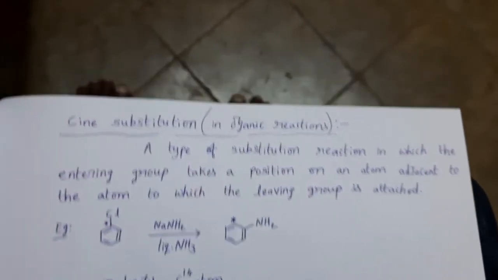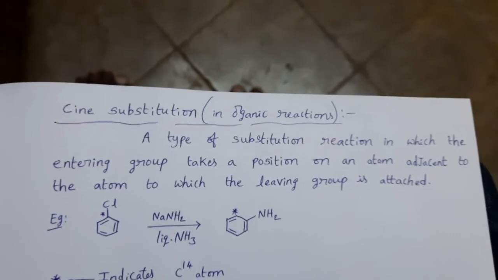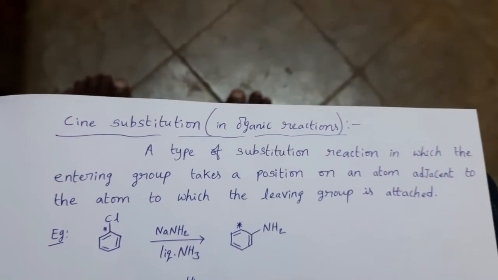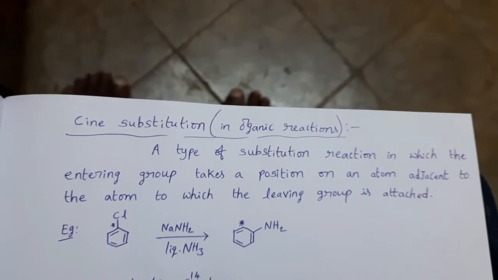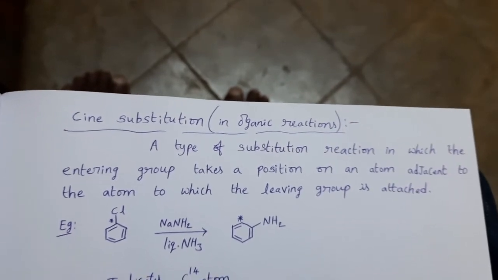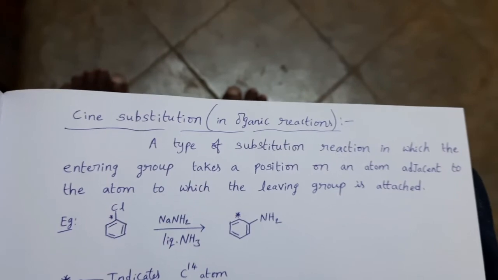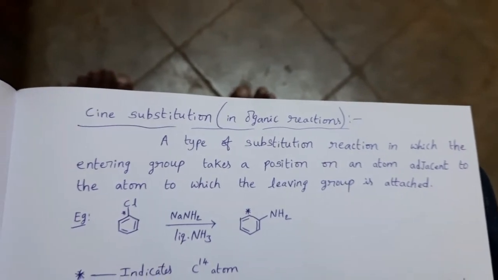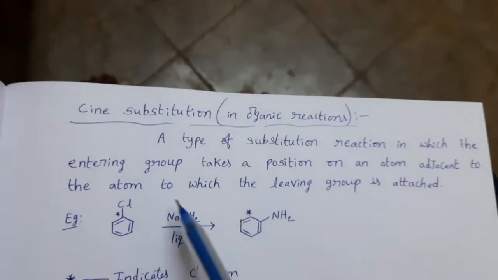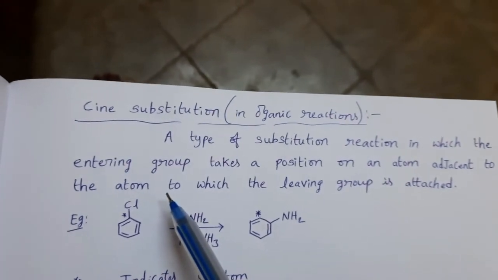Generally, substitution means the entering group is attached to the same atom from which a group is removed. But in this cine substitution, the entering group is attached at the atom adjacent to the atom from which the leaving group is removed.